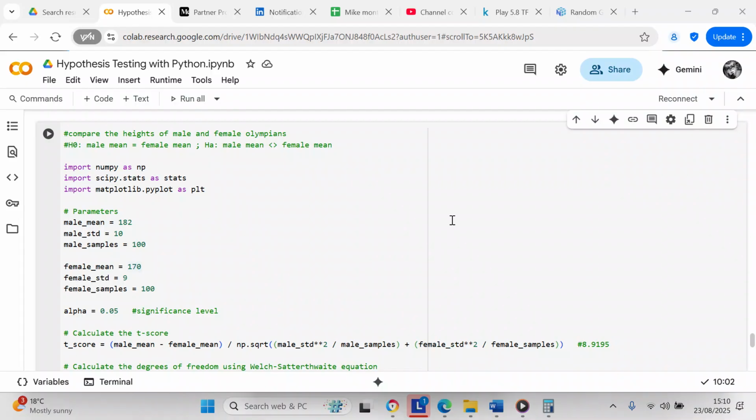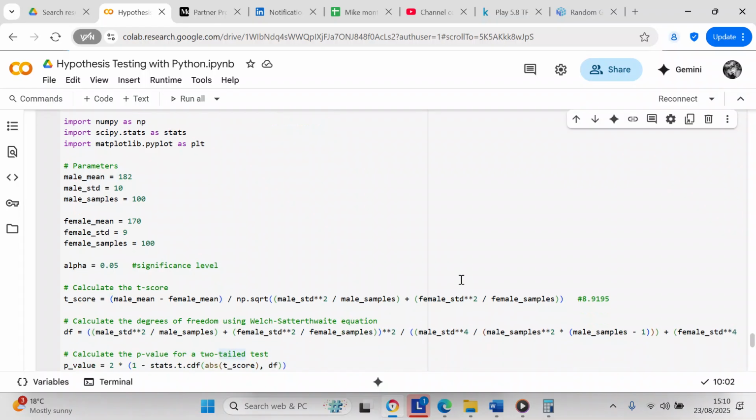And the female samples is 100. So already you can see that the male mean is 12 centimeters higher than the female mean. And then your alpha is 0.05, which is your significance level.